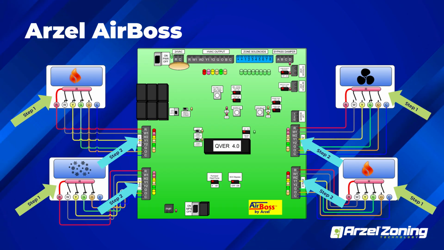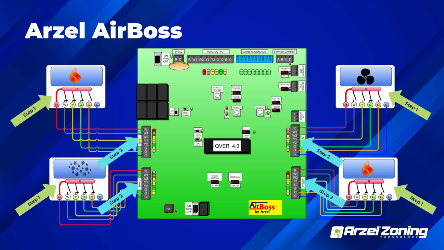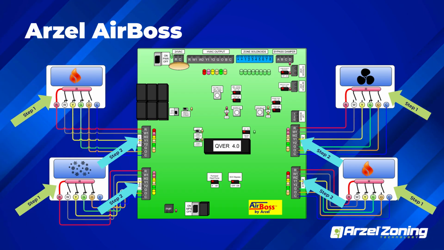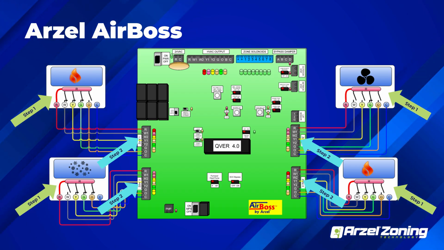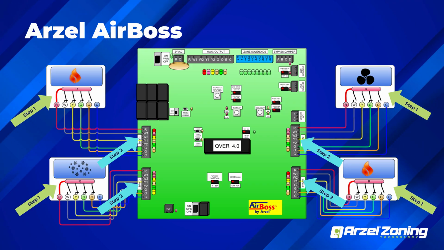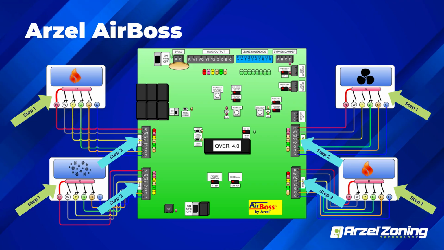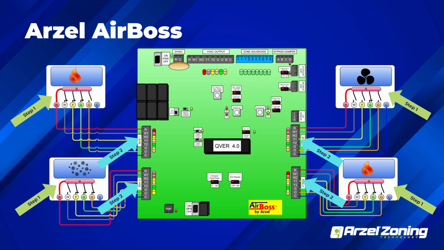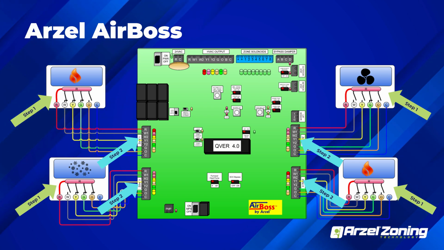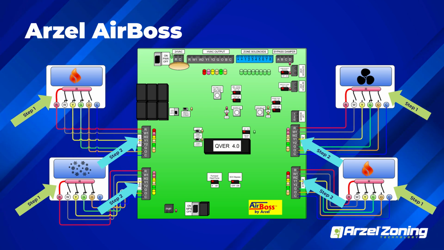That tells you W1, W2, Y1, Y2, G, and O. And then across the top where the HVAC outputs are, it's red, red, yellow, yellow, green, yellow. That's W1, W2, Y1, Y2, G, or green, and reversing valve O, yellow.